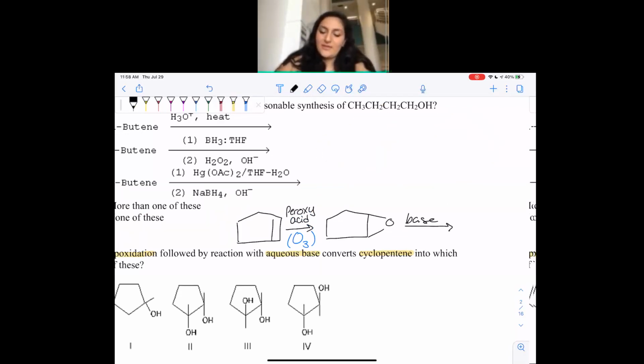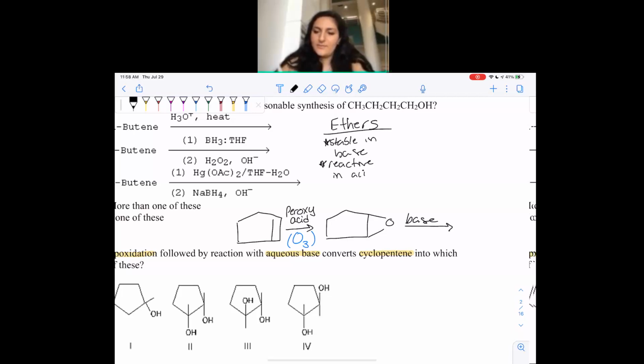So ethers are stable in base, reactive in acid. But epoxides specifically are reactive in both.